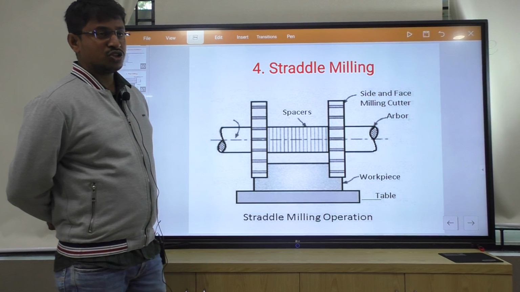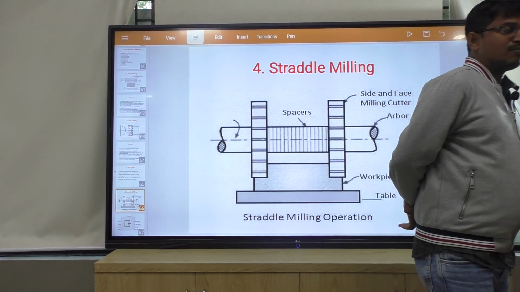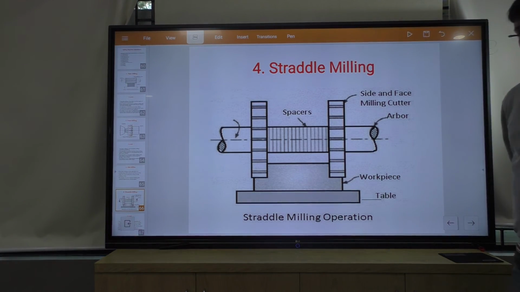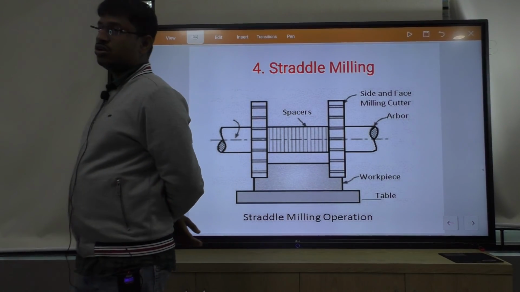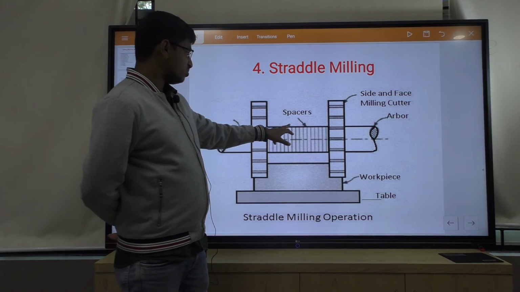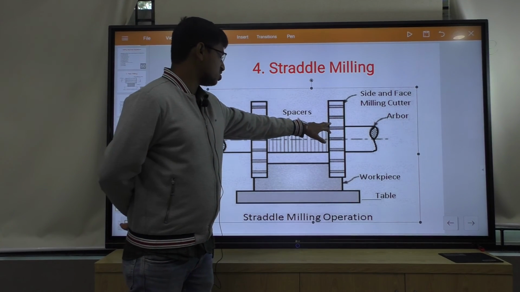And these both side milling cutters are placed on the arbor and separated by spacers, so that these side milling cutters should not contact each other. That's why spacers are provided to keep the distance fixed between this cutter and this cutter.